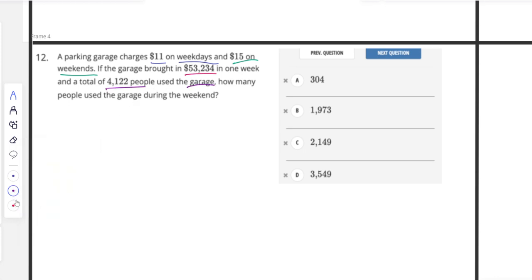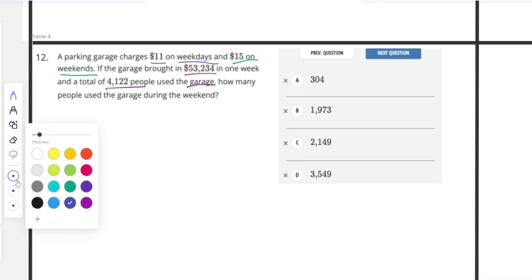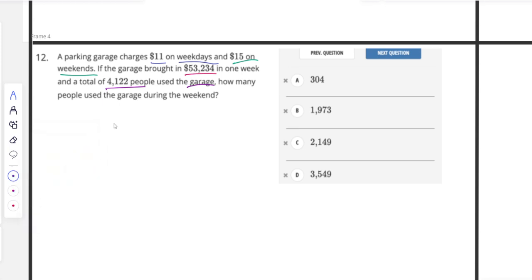It's just a systems of equations problem. So what I would do is set up an equation like, let's call x the weekdays, and let's call y the weekends. And we're looking for the weekend, so we're going to be solving for y in particular.